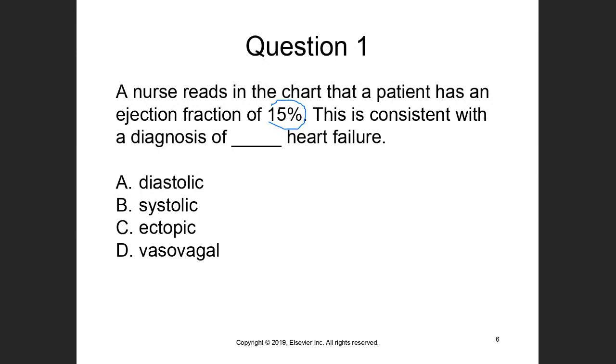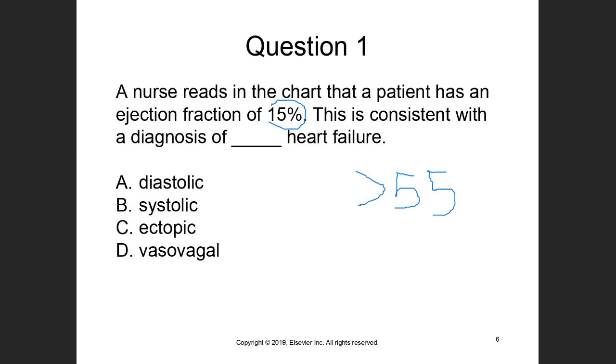But first, you have to know what the normal ejection fraction is. Does nobody know the normal ejection fraction? No? Okay, normal ejection fraction is more than 55. Sorry, 55, okay? That's the normal ejection fraction.